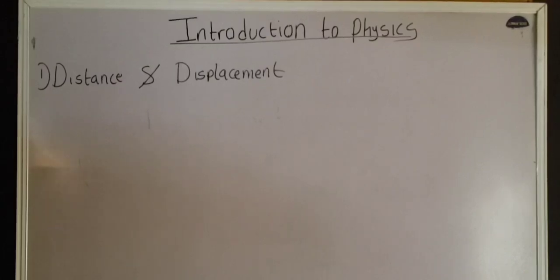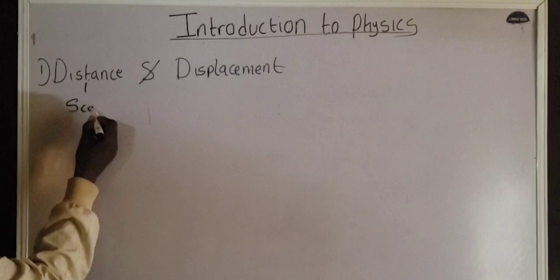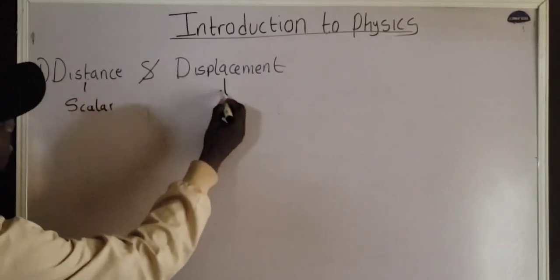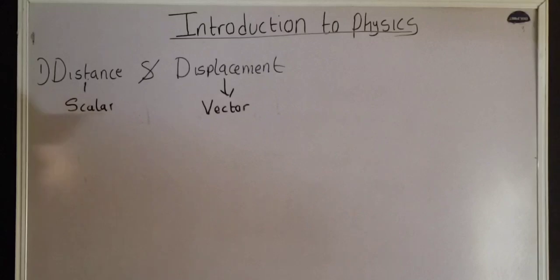Both scalar and vector quantities have magnitude, but the difference is that one has direction and the other does not. Scalar quantity does not have direction, while vector quantity has direction. So distance is a scalar quantity, while displacement is a vector quantity. And I've already given you an example.